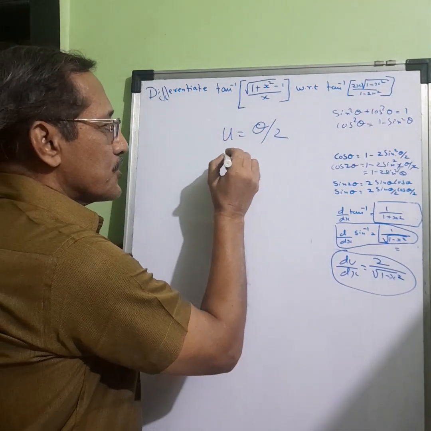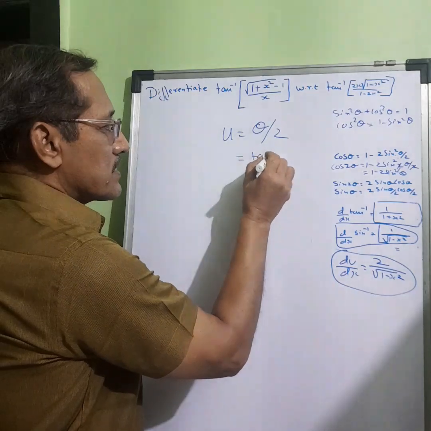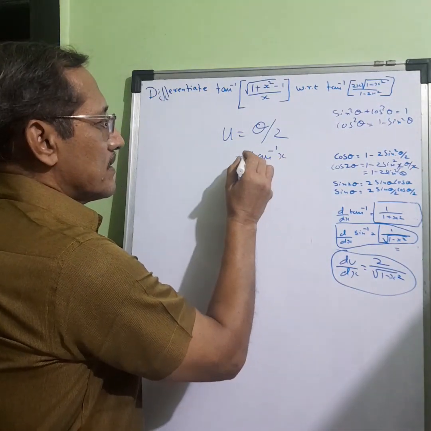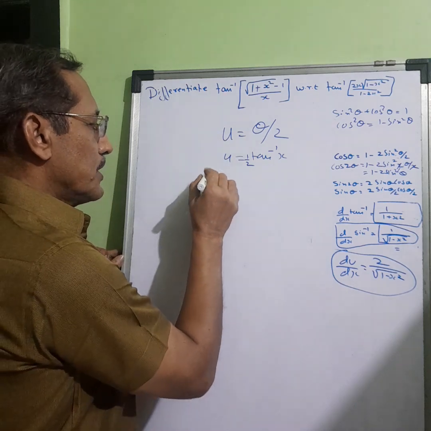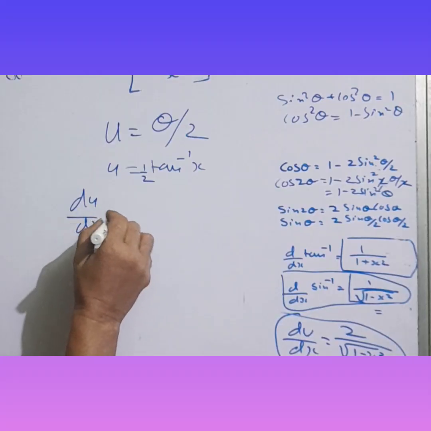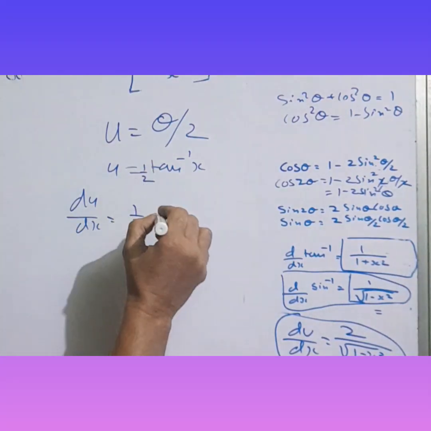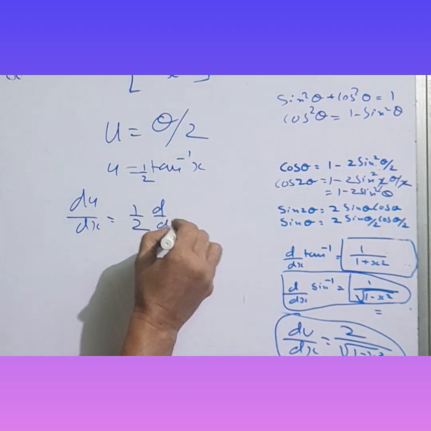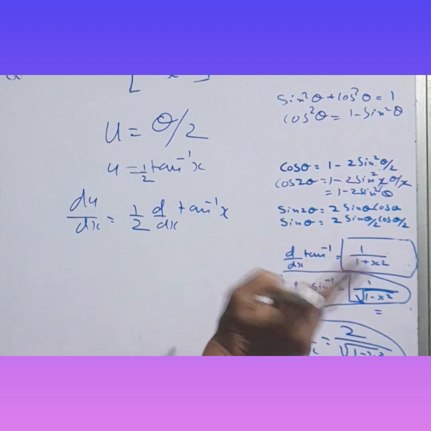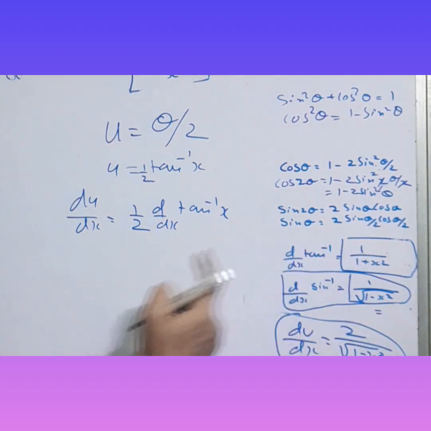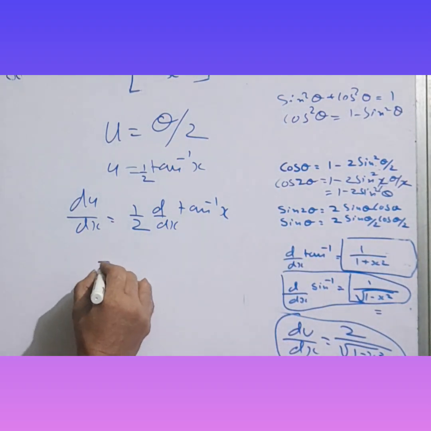Now let's substitute theta, that is tan inverse x, into half tan inverse x. So let's differentiate it now. So du by dx would be half here, and d by dx of tan inverse x, which is already given over here, is 1 upon 1 plus x square. So let's just jot it down.